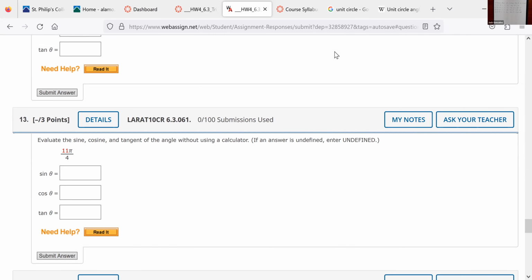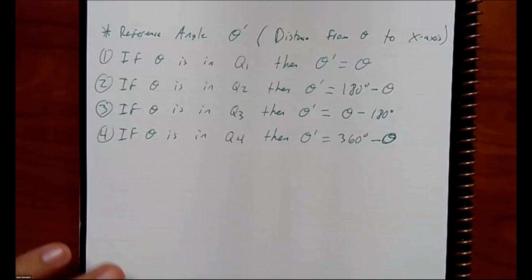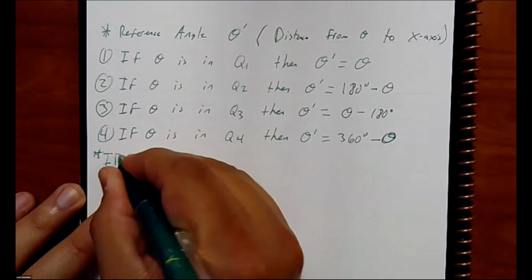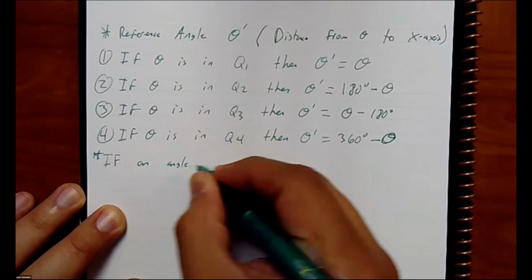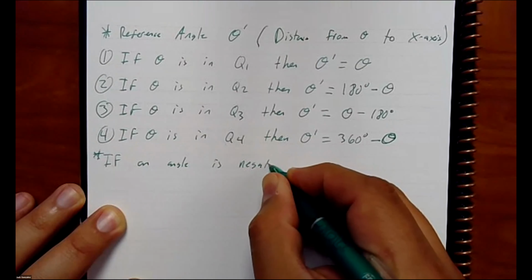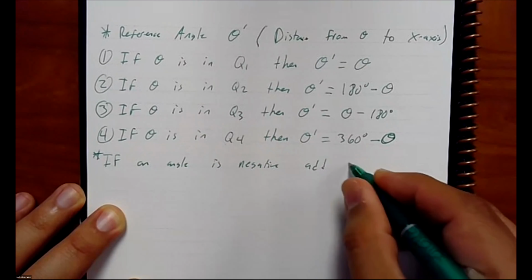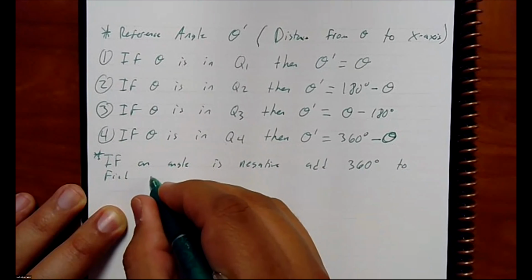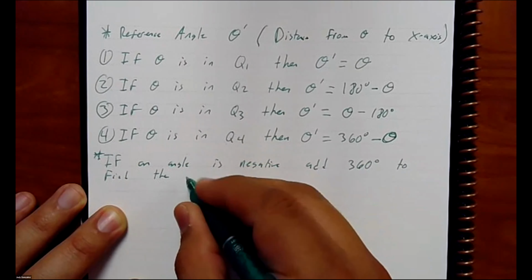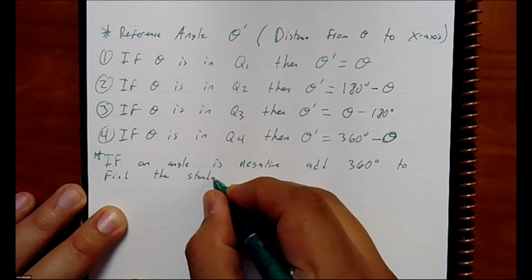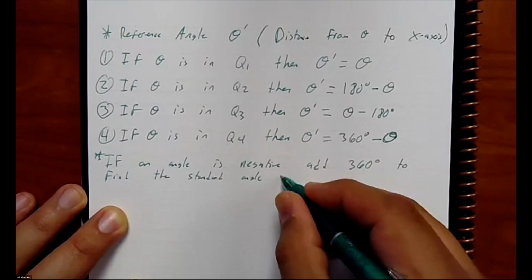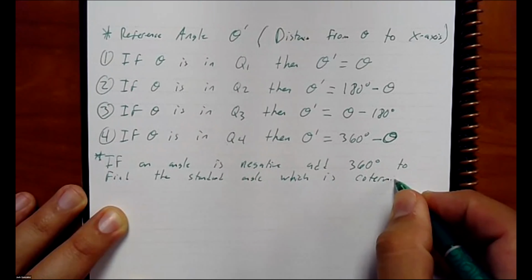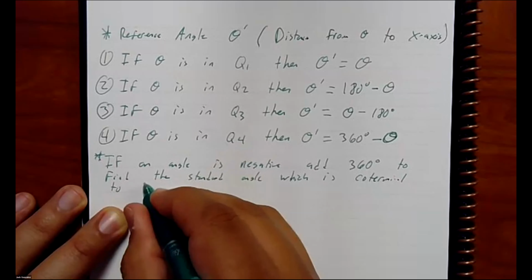Let me write it down just in case. If an angle is negative, add 360 to find the standard angle, which is coterminal to the negative angle.